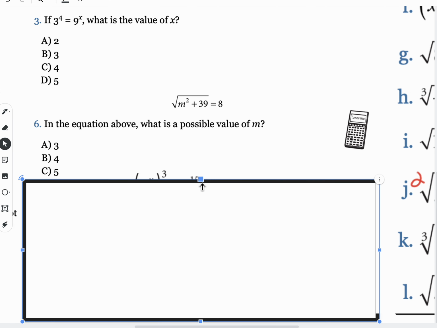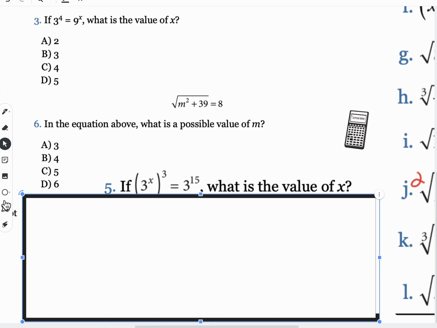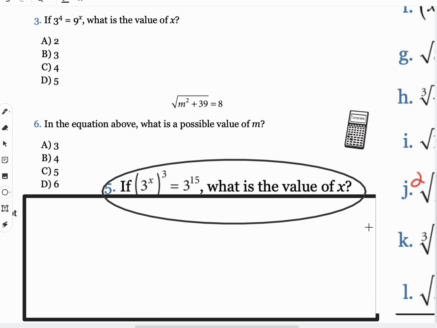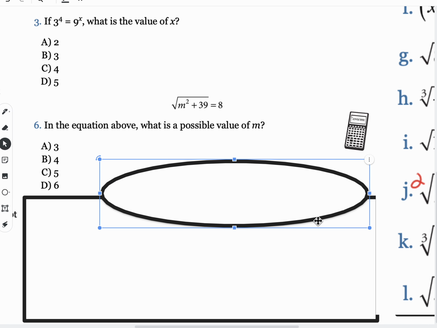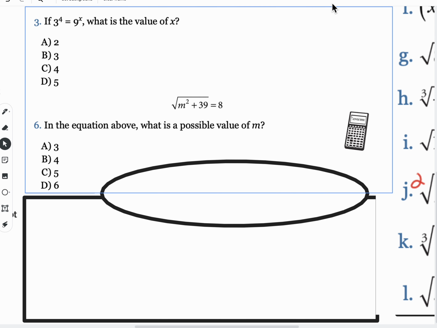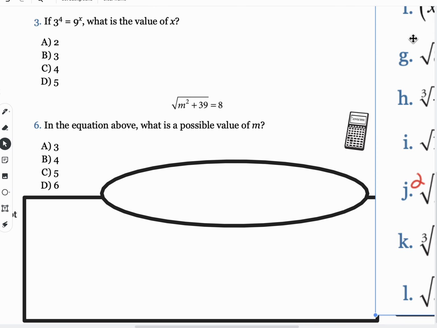Great, let's try number 6. In the equation above, what is a possible value of m? The square root of m squared plus 39 equals 8. Here we are going to solve for m. Let's square both sides to get rid of our radical.